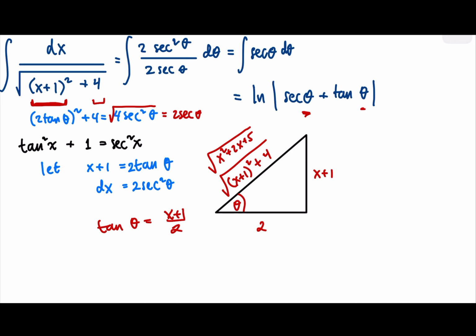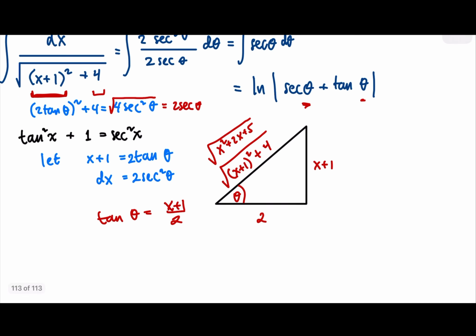Okay, now secant is the whole thing here over 2, and tangent is just x plus 1 over 2.